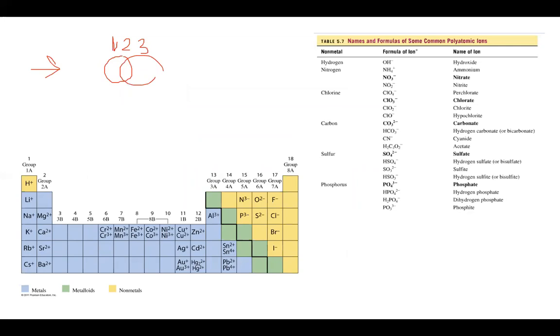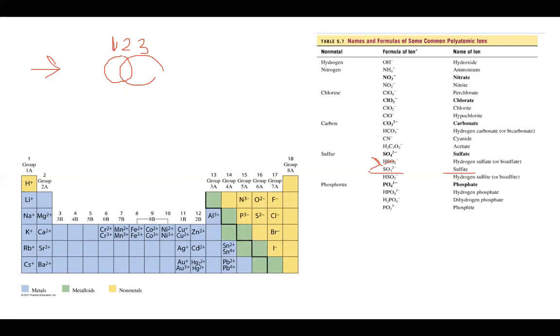If we go back to this chart, we have here SO3, which, here I'm going to point it, is sulfite, okay? And it has a negative charge of 2, okay? Let me see if you can see it, it is 2 negative, okay?